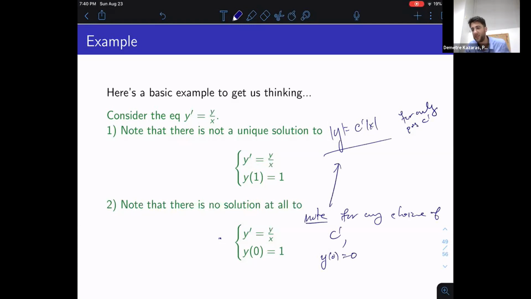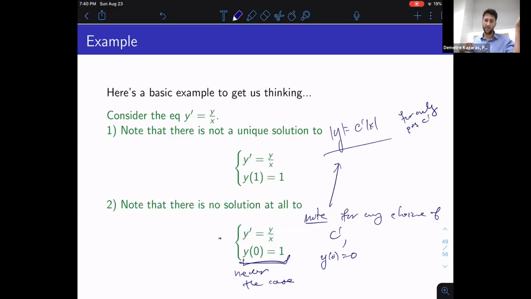So y has to be 0 when x is 0. So there's no way. This will never be satisfied for any solution of the differential equation. You're never going to be able to make it equal to anything other than 0 at time 0.